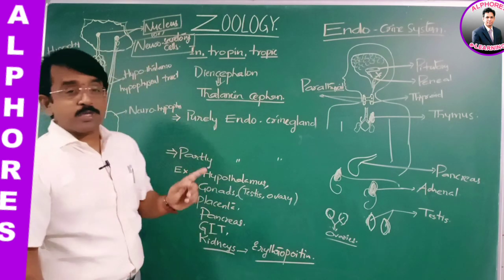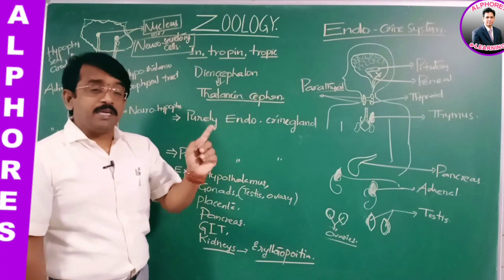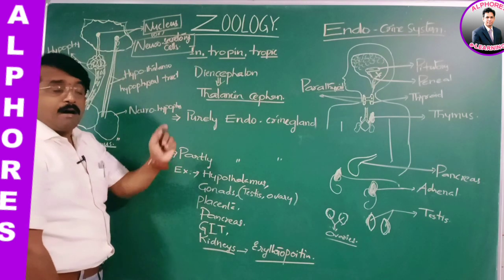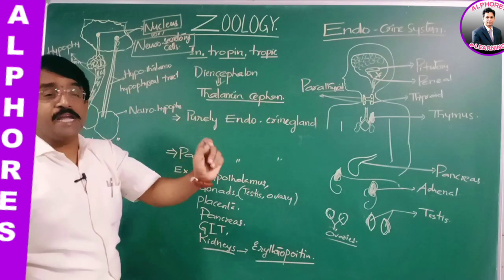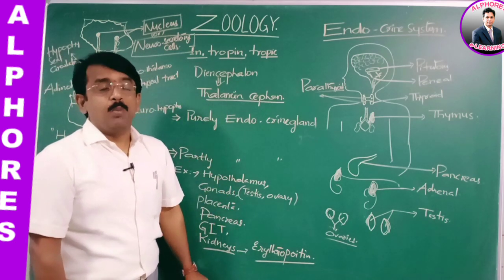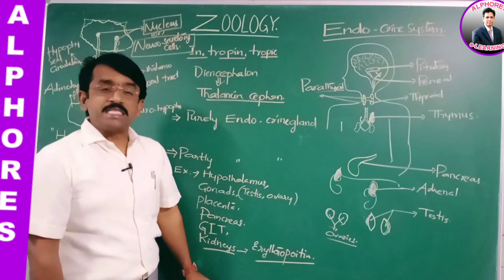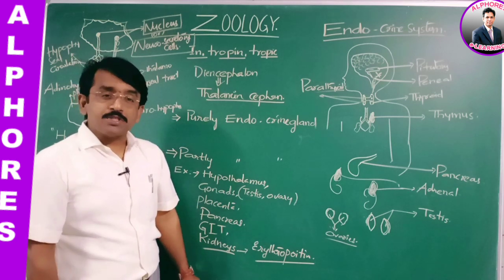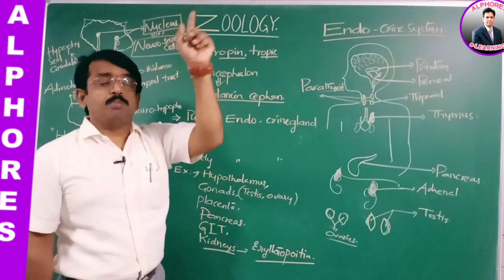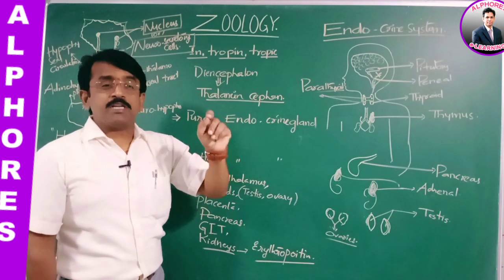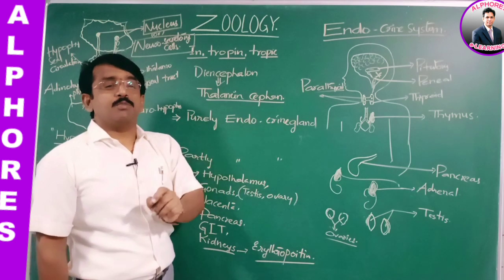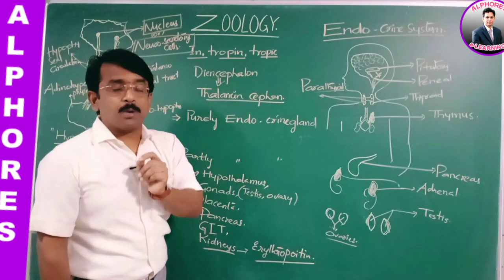Immediately the osmoreceptors turn on and give a signal to the hypothalamus, and the hypothalamus synthesizes the hormone named ADH or vasopressin. When it is dehydration, this is detected by the osmoreceptors, which become on and stimulate the hypothalamus, which responds and synthesizes ADH or vasopressin.